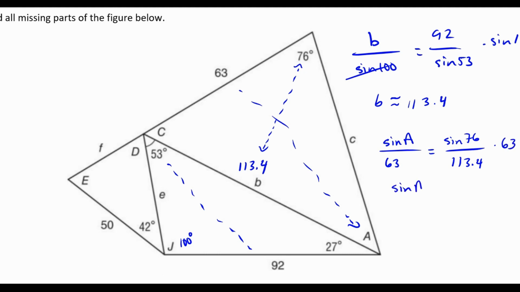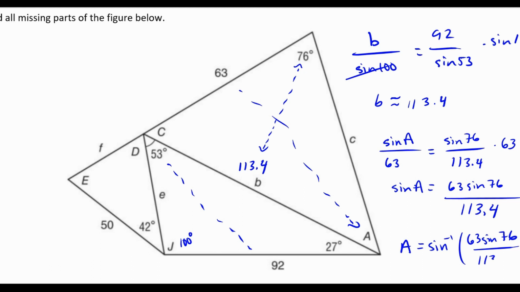Now I have sine of A equal to 63 sine of 76 degrees over 113.4. And then to solve for A, I need the inverse sine of both sides. I put that into my calculator, and I get A is approximately about 33 degrees. So this one here is going to be 33 degrees, and we're going to round that to the nearest degree.